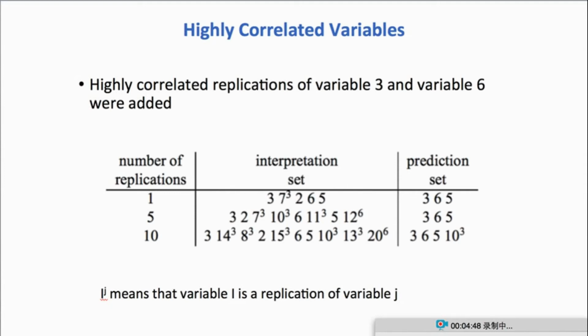The superscript j indicates that variable i is a replication of variable j. From the table, you can see that the prediction results contain all variables of interest, which is consistent with the result obtained previously. However, the interpretation results do not contain all variables of interest.